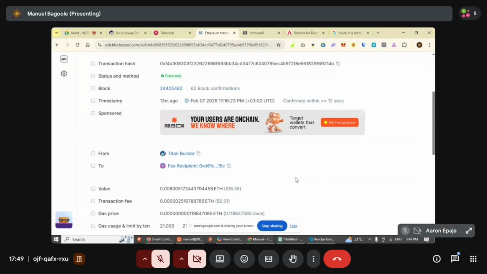That's exactly the same principle by which we derive addresses and public keys from the private key. It's irreversible in the sense that when you hash the private key to generate the public key, you cannot derive the private key from the public key that was derived from it. So it's like a one-way operation. You can only get the public key from the private key, but not the other way around.